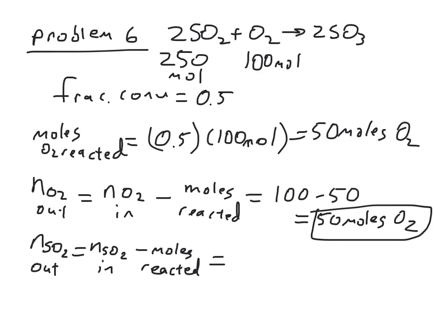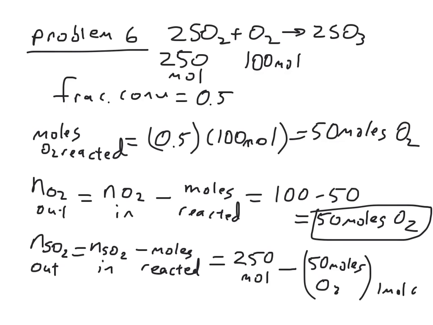So that's simply 250 moles, given in the problem statement, minus 50 moles O2 times 2 moles SO2 over 1 mole O2, which is just the stoichiometric ratio, 2 to 1.